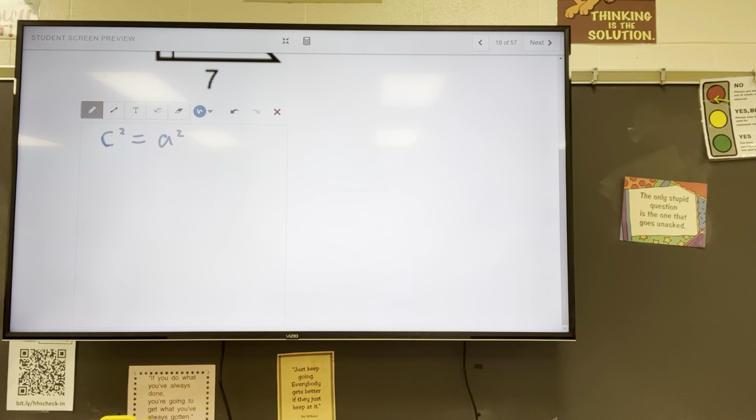c squared equals a squared plus b squared. And we put in our 7s for a and b, which we already know how to do. And we get 49 plus 49, which is 98. I know I'm going fast.